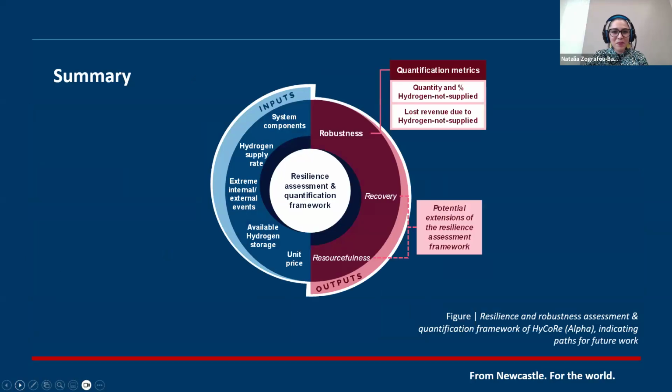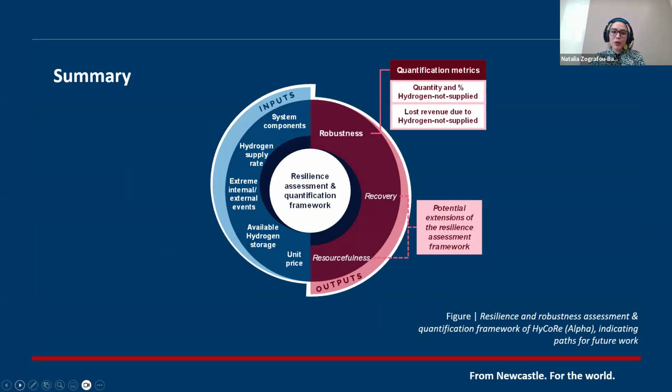Next slide, please. So to summarize, we're presenting here a figure which at the heart of it has the resilience framework. And then on the left, we can see that it's important to introduce to this framework your system, which are your components, what event occurred, unit price, and other parameters.